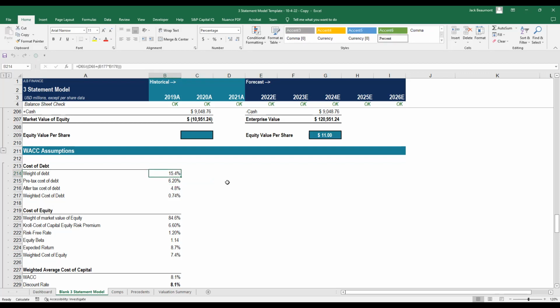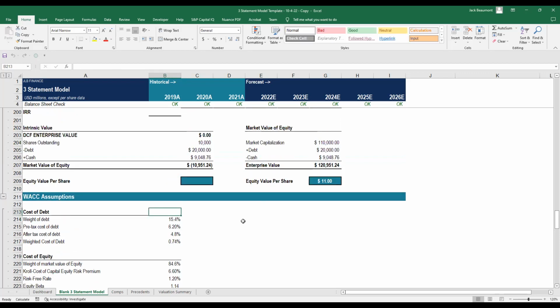The weight of debt is simply the market value of the debt divided by the market value of debt plus the market value of equity, which gives you the market value of assets. So you're getting what percentage of the firm is funded by debt at market value.